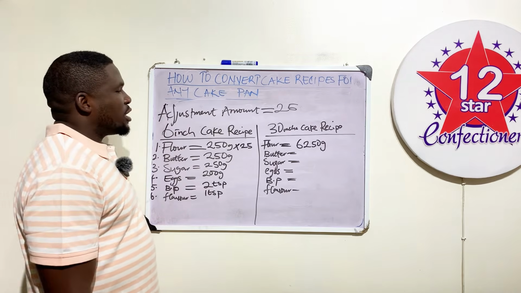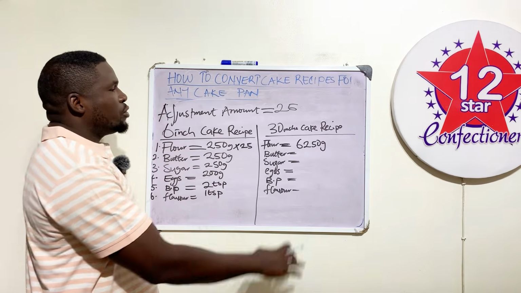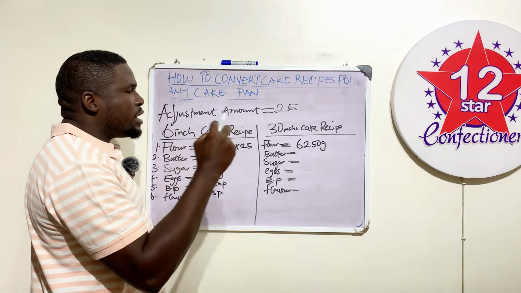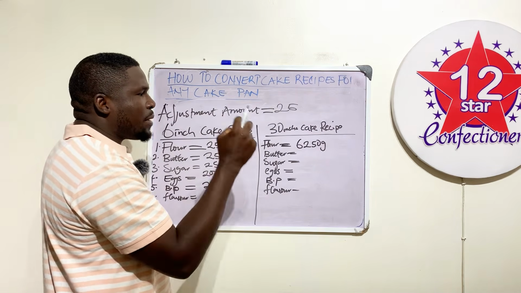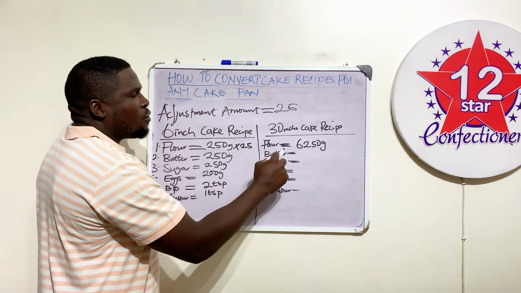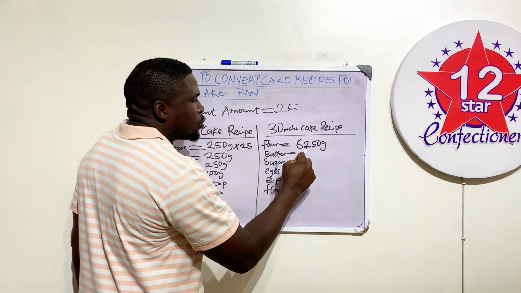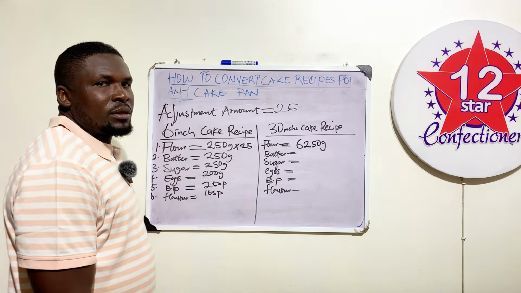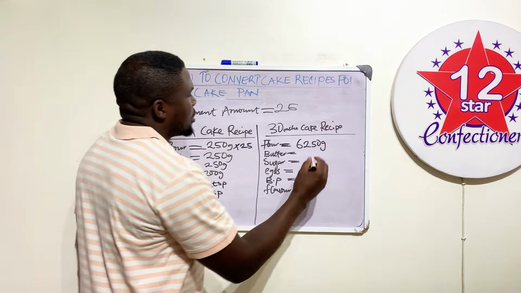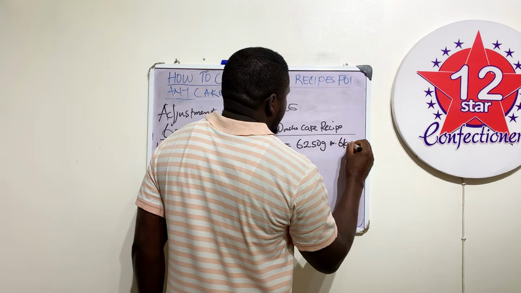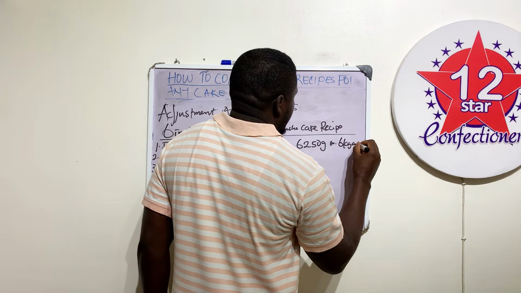So now we've gotten the standard recipe for our 30 inches cake pan in terms of flour, and we have 6,250 grams of flour, or 6 kg and 250 grams.